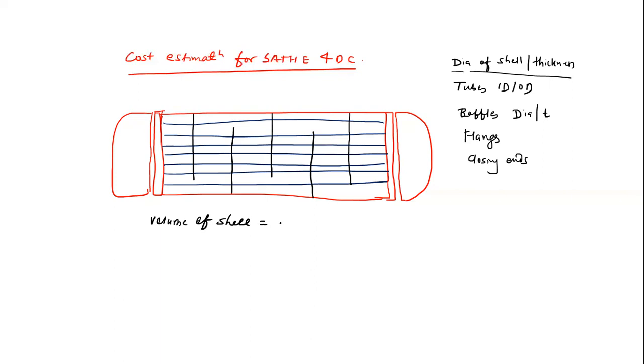So for a hollow cylinder, the formula is area into height or length. So what is the area? It's a hollow cylinder, so pi by 4 d outer square minus d inner square into its length. So you know ID, OD, length. You can find out the volume. This is the actual volume required.